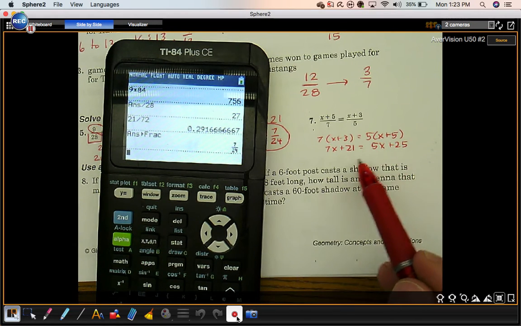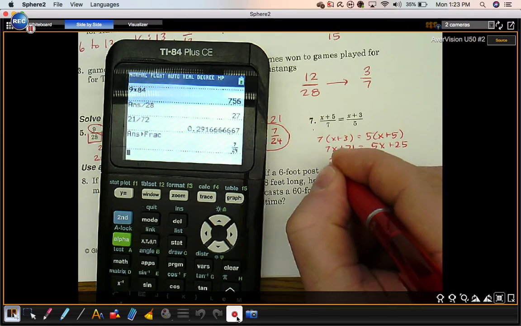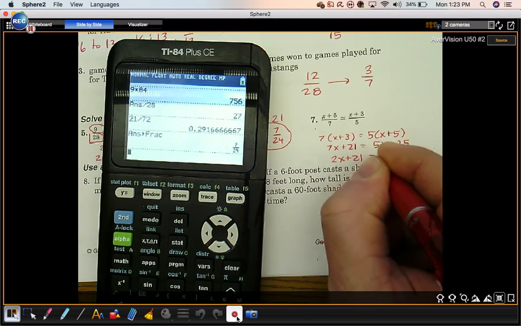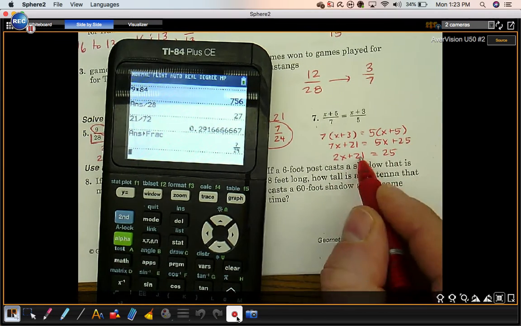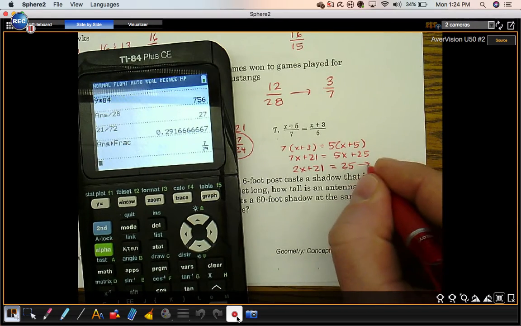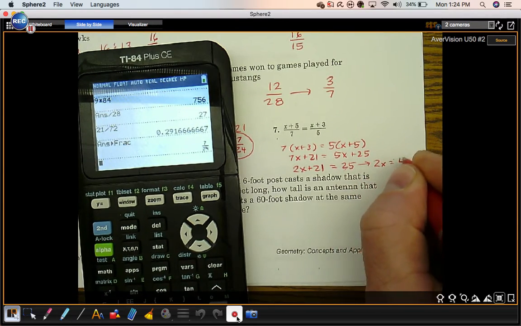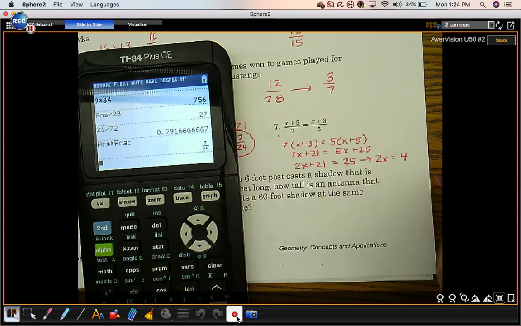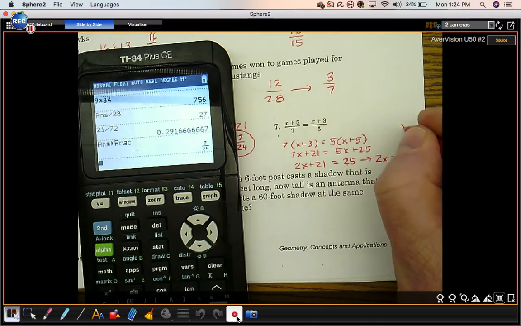We're going to subtract 5x from both sides. We'll subtract 21 from both sides. And then, kind of out of room, but you can see that x is 2.